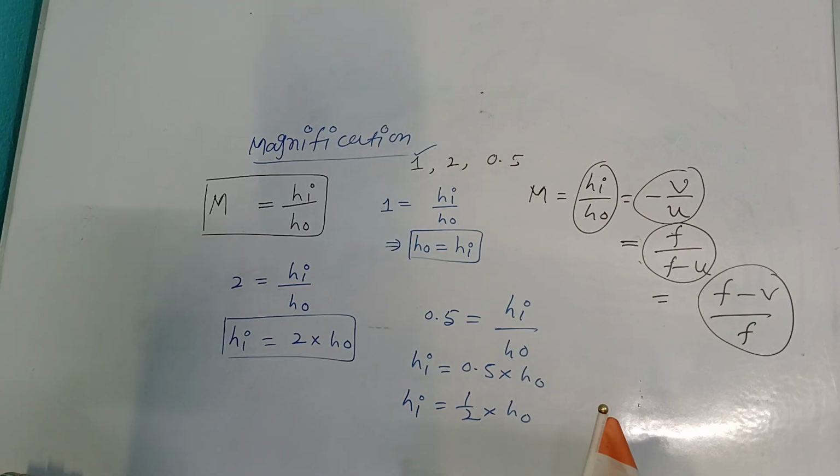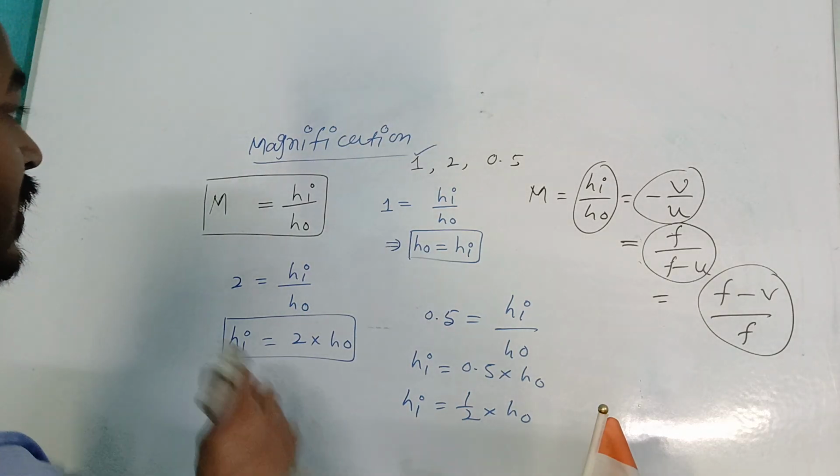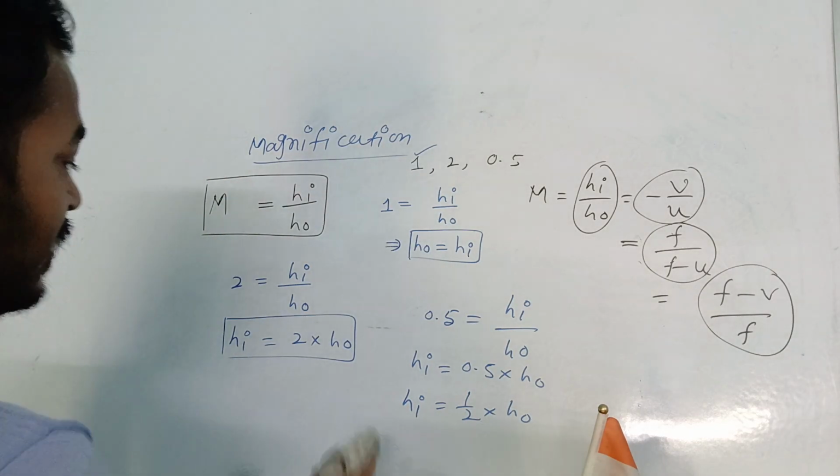Okay, and if it is much bigger or much smaller, then we have to use very very greater than, or very very less than. So done, this is the concept of magnification.